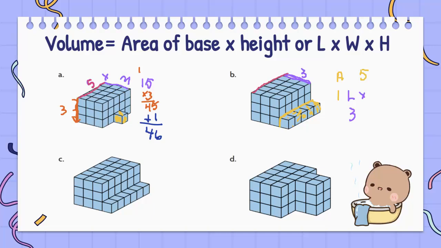We have 1, 2, 3, 4, 5. So our width is 5. And then we have our height.